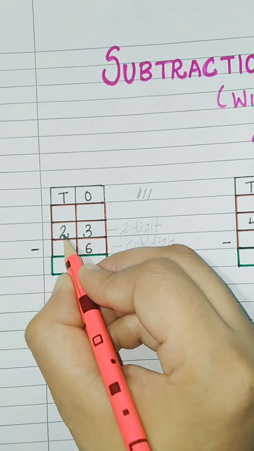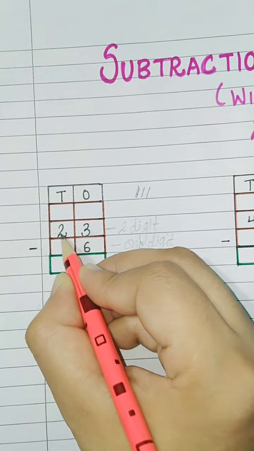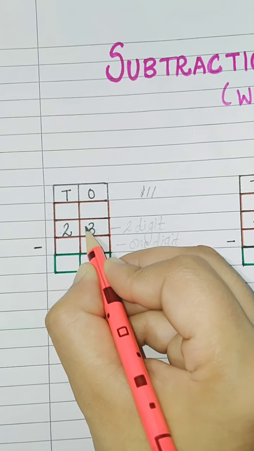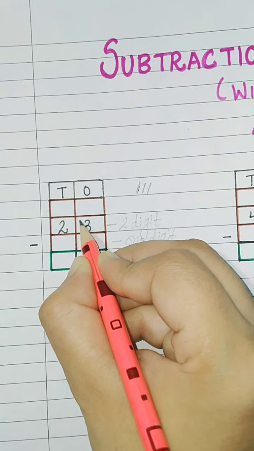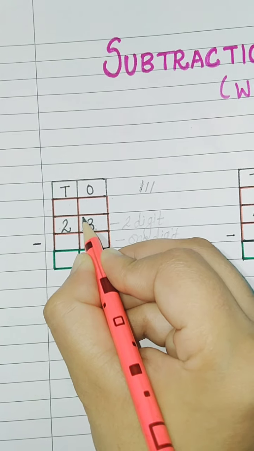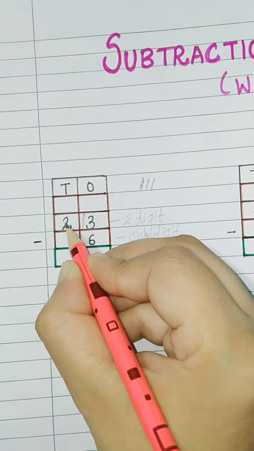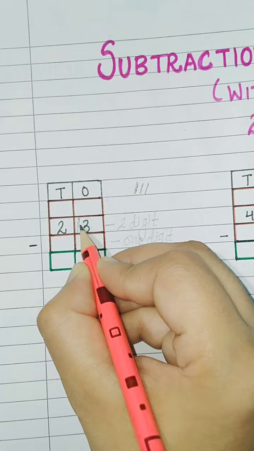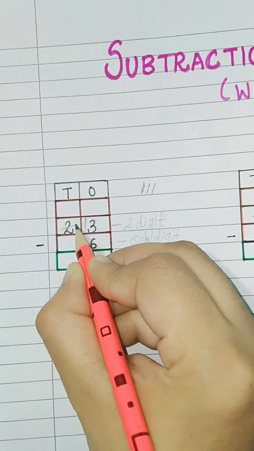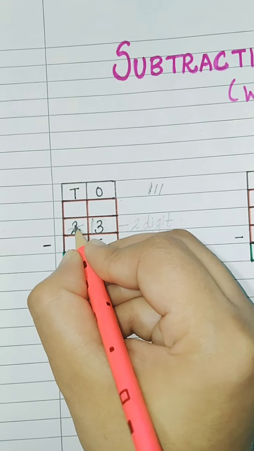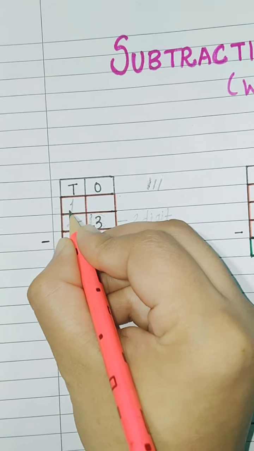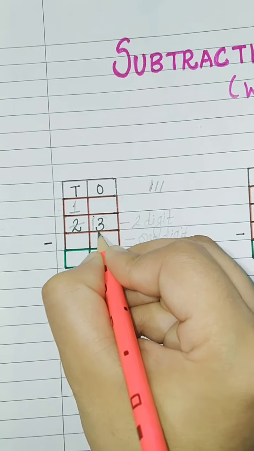This is the partner of 3. So 3 will take one from 2, and we will write 1 before 3, it will become 13. And since this 2 has given one, it will become one less, it will become 1.